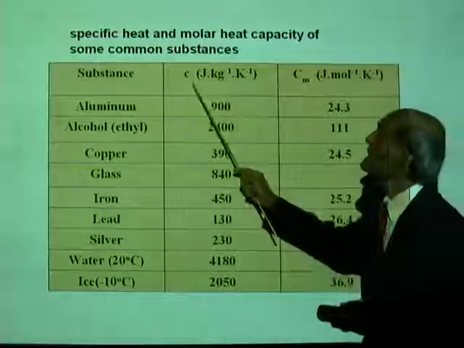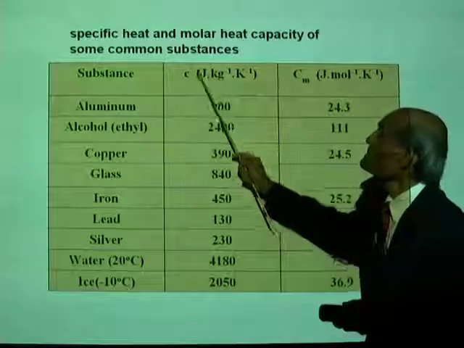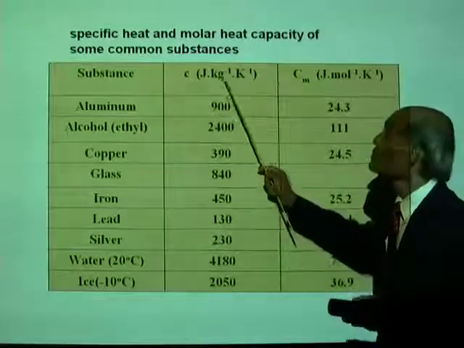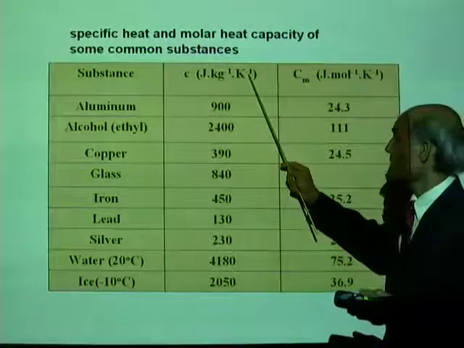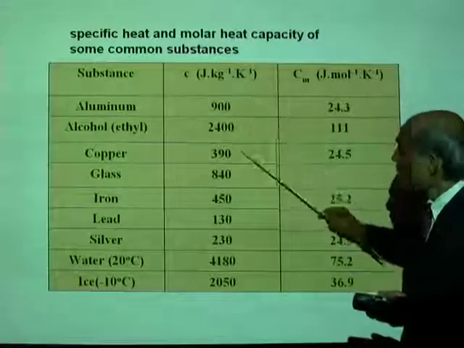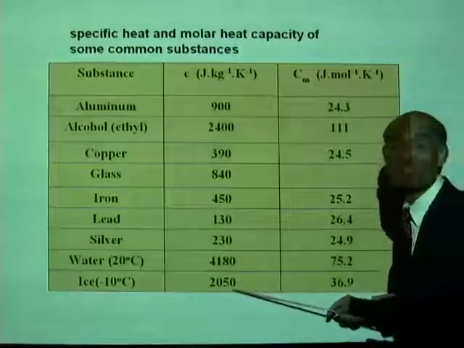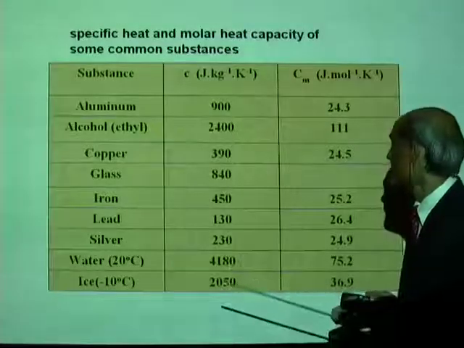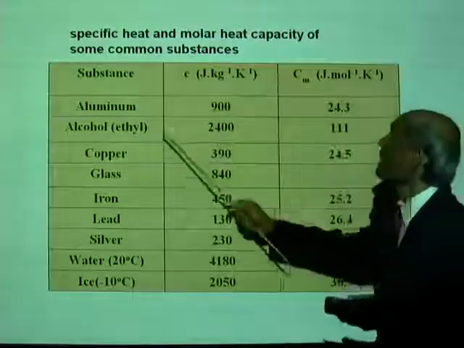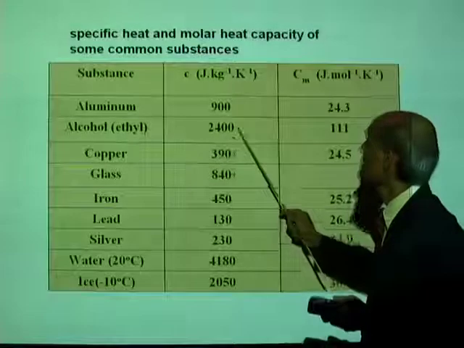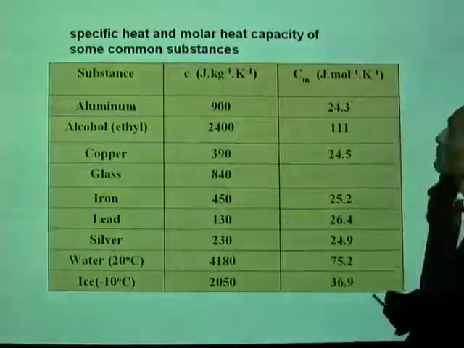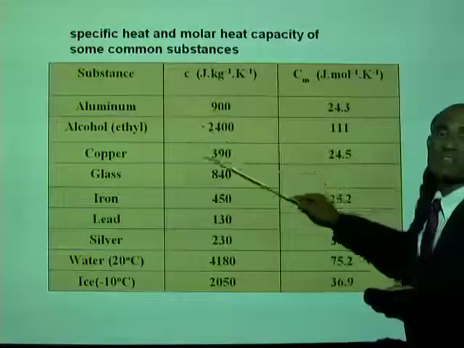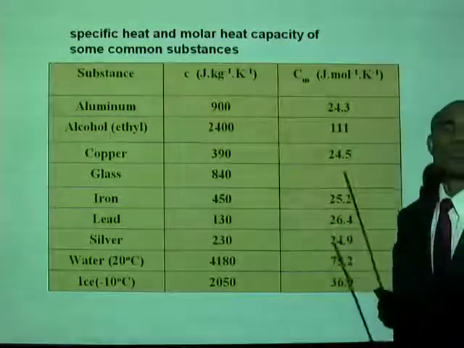You can see the specific heat of aluminum is 900 joules per kilogram per Kelvin. You can see which of these substances has the greatest specific heat. It is water. That's right. Now, alcohol has a specific heat of 2,400 joules per kilogram per Kelvin. These values are useful when we want to solve problems.